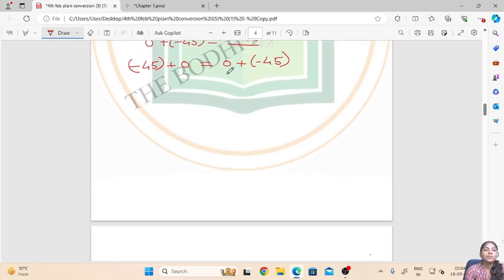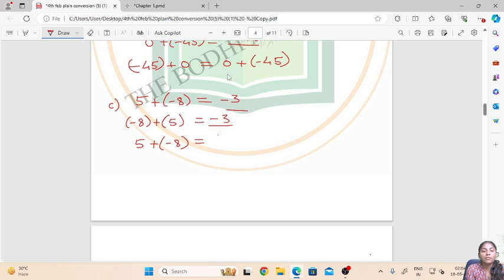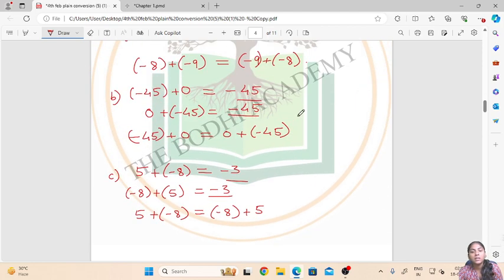Okay, then the third example we have is 5 plus minus 8 is equal to minus 3, then minus 8 plus 5 will also be minus 3. So in all these examples we can see that if we add these integers in any order, the answer always comes the same.